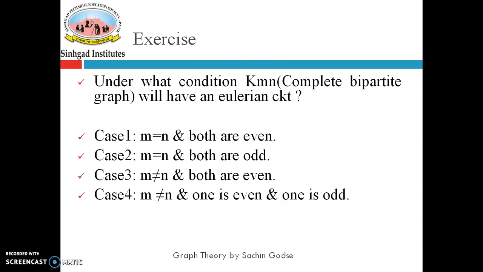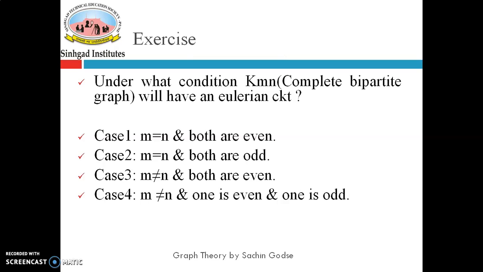In that case, the degree of each vertex will be 2. So Eulerian circuit will be present. Then M is equal to N and both are odd. In this case, if you see, the degree of each vertex will be odd if you consider three vertices in each vertex set. So the circuit will not be present.